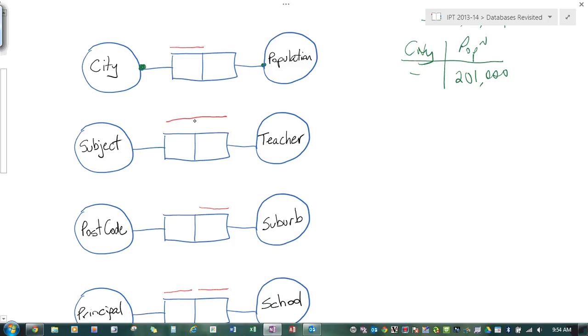Next one along. Does a subject have to have a teacher? Yes? Okay, when I was a boy at uni, they used to have a third option called optional becoming mandatory. So you could have a subject set up in your database called brain surgery that currently didn't have any students enrolled in it, but it would become mandatory at some stage.